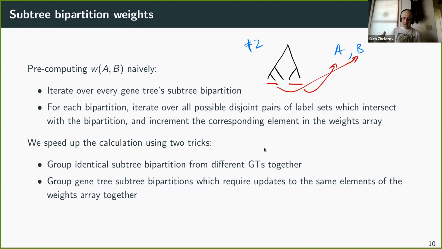And actually, I guess I neglected to mention this at the beginning, so maybe I'll take the opportunity to say it now. The reason that we're working on this project is James and I were interested in the differences between the quartet and the triplet distances, and how good of an estimator the median trees with respect to those distances are.